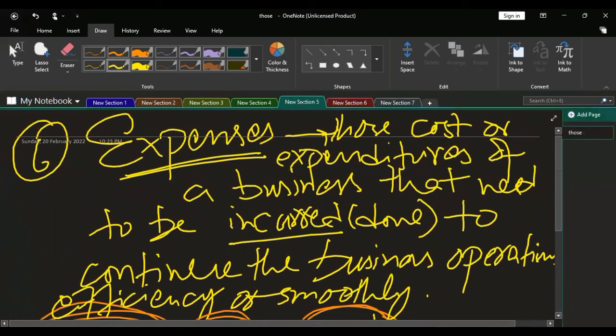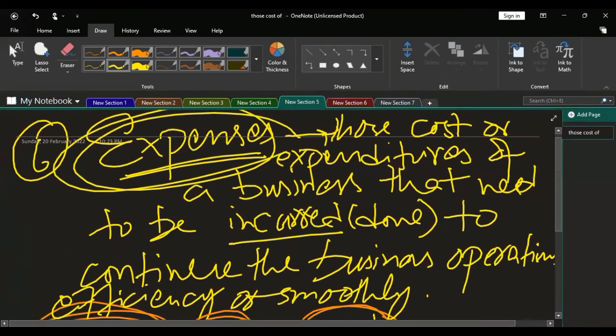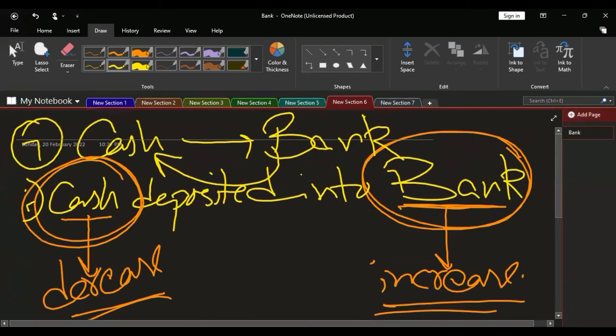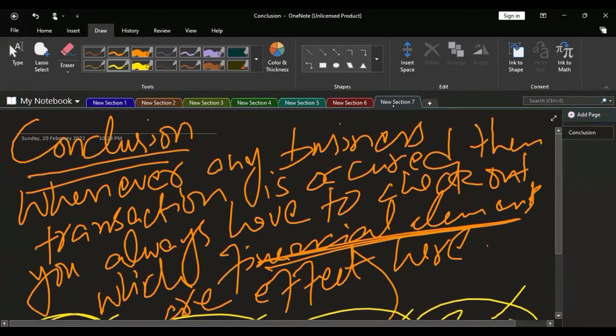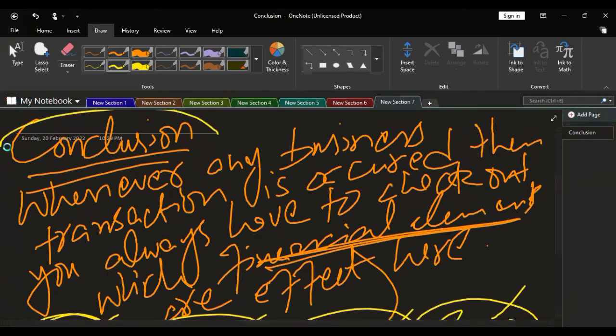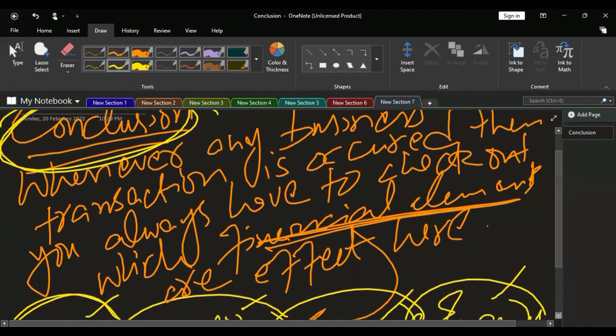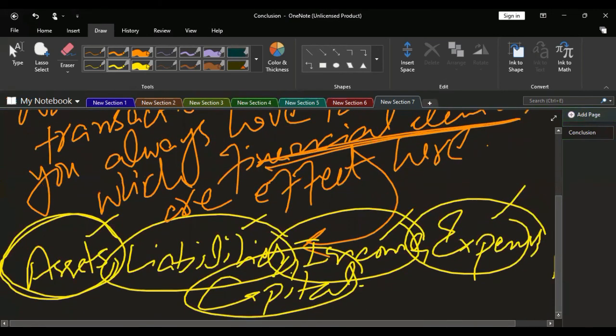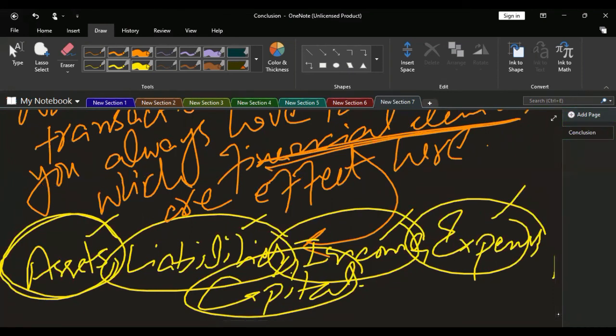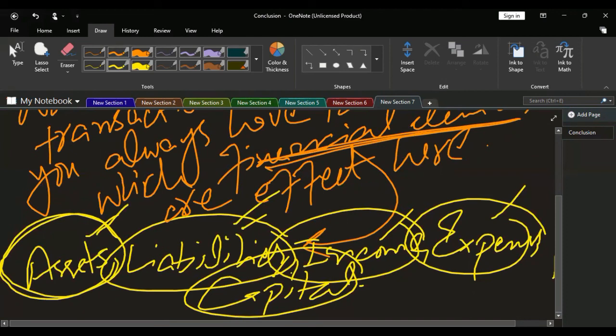The third category we have studied is the expenses category. Fourth one is cash to bank transactions. And at the last, we have gone to the conclusion of the whole class, that which are the areas that are expected to be affected by any business transaction. That are five areas. First one is assets, second one is liabilities. It may be the income or the expenses or the capital of a business.